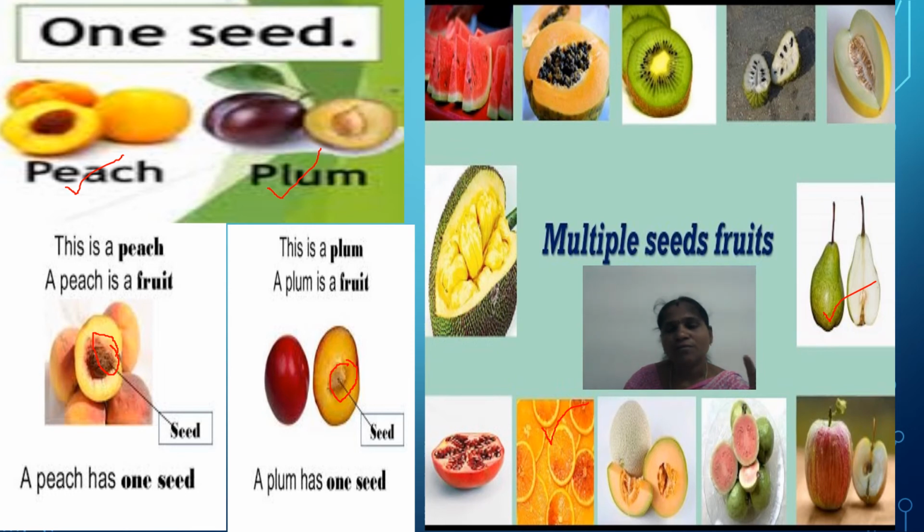Those fruits have only few seeds, and many seeds like papaya, watermelon, kiwi, custard apple, cucumber, even jackfruit, pomegranate, guava, and such kinds of fruits have many seeds.